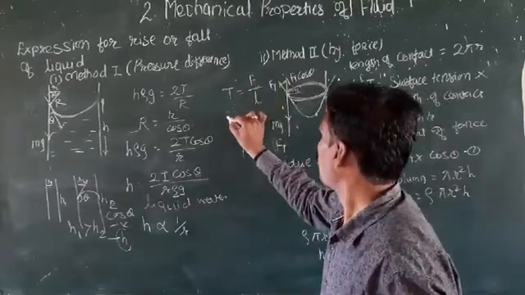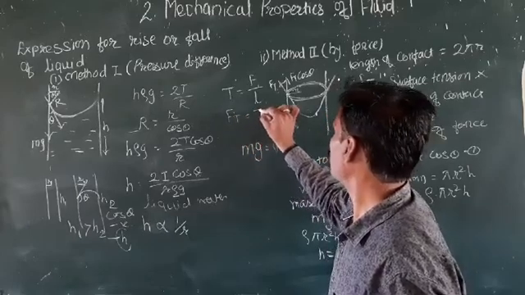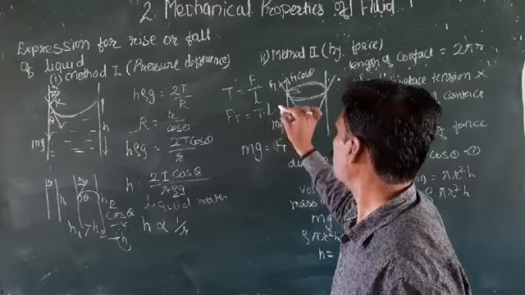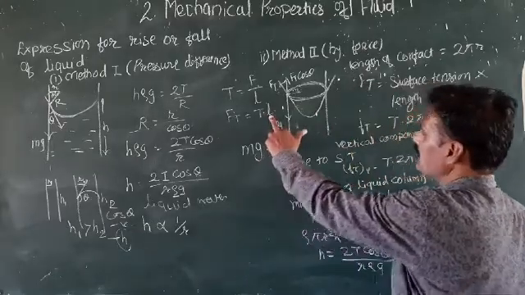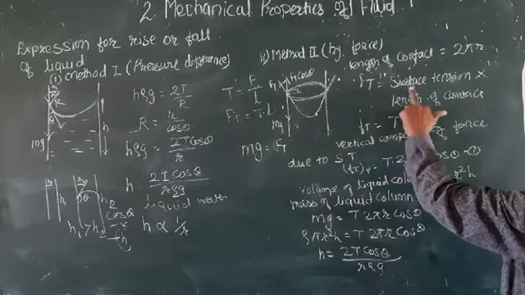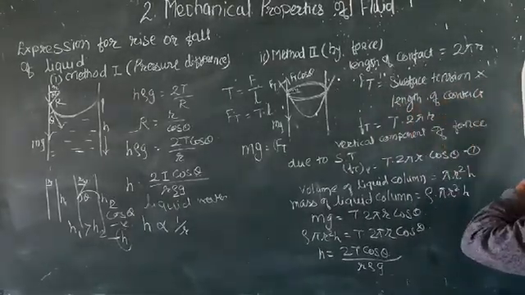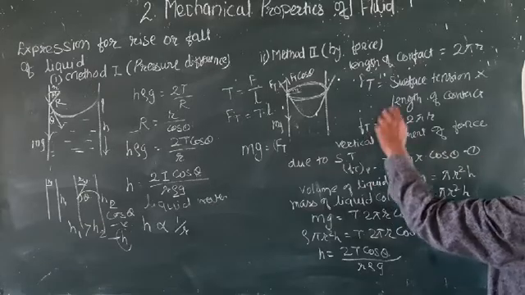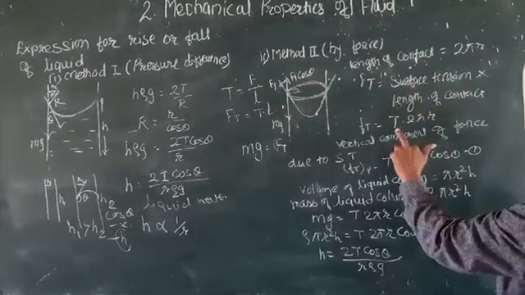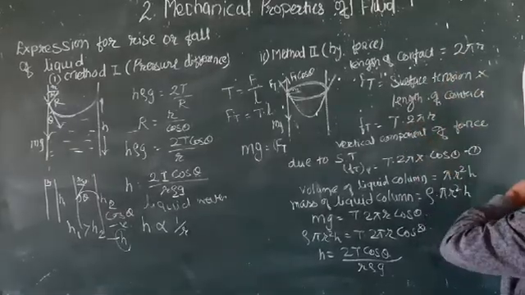From this, the force due to the surface tension is equal to T into L, that is length of contact. So Ft is equal to surface tension T times length of contact, 2 pi r.